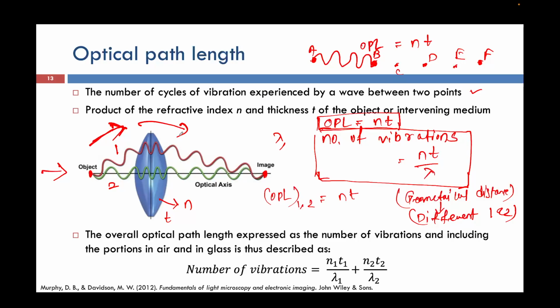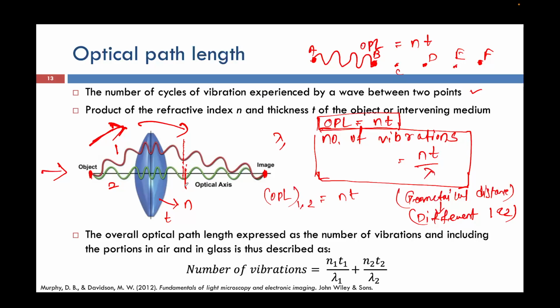But the optical path length is how many cycles of vibration it has gone through. If you see here, let's say they are in phase here, and here also they are in phase, but if I take this point and consider the minima, their minima are not coinciding with each other.